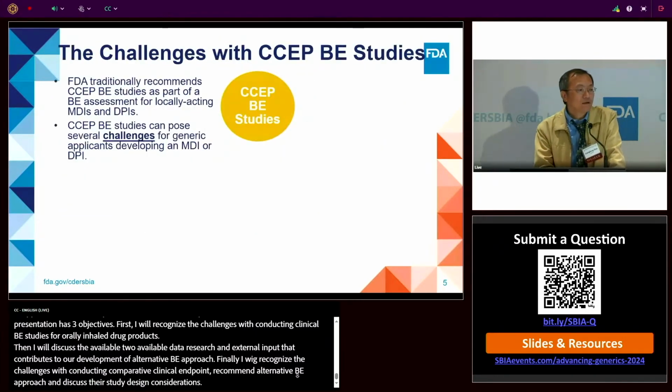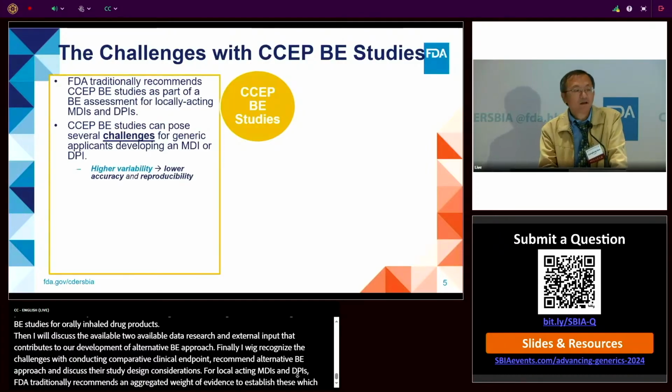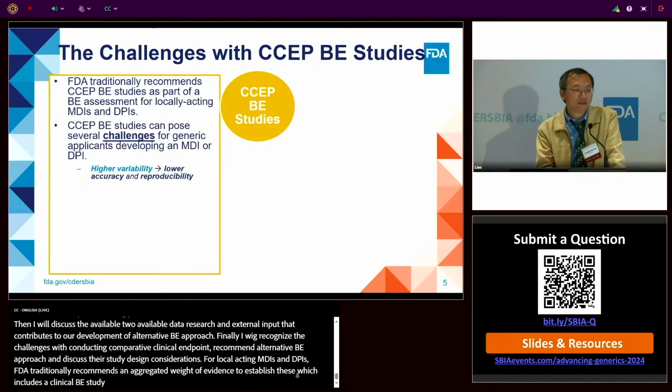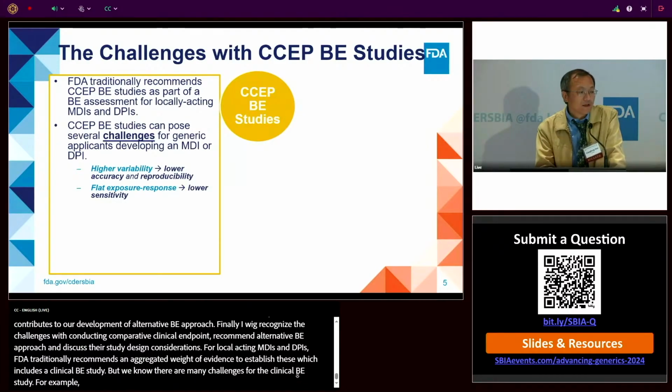For locally acting MDIs and DPIs, FDA traditionally recommends an aggregated weight of evidence to establish BE that includes a clinical BE study. But we know there are many challenges for the clinical BE study. For example, these studies have high variability and lower sensitivity due to the flat exposure response.